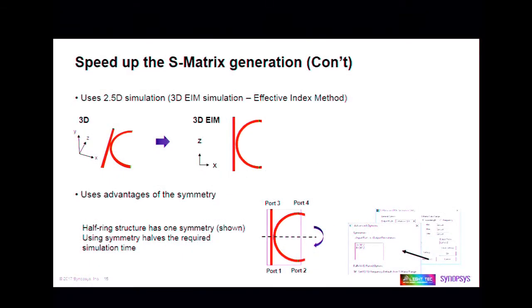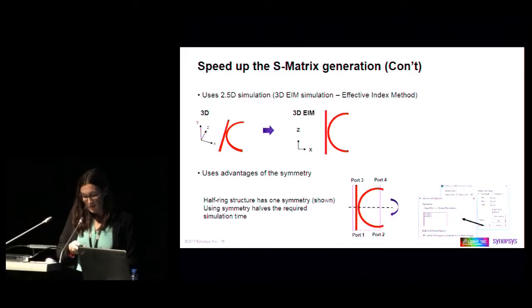Another advantage we can use to study a component more efficiently is what we call the effective index method, or 2.5D simulation. The target of this method is to map a 3D design into a 2D simulation using the effective index method.